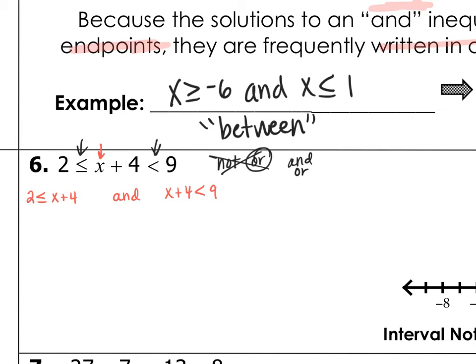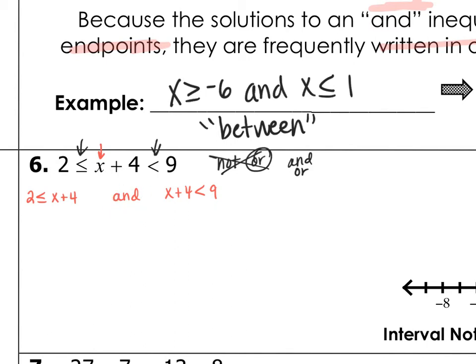Since the x plus 4 is embedded between 2 and 9, this is, like I said, an "and" inequality. So x plus 4 is between 2 and 9: 2 is smaller than or equal to x plus 4, and x plus 4 is smaller than 9. So we wrote it as two inequalities separated by "and."